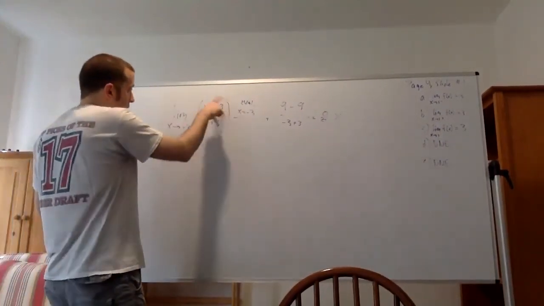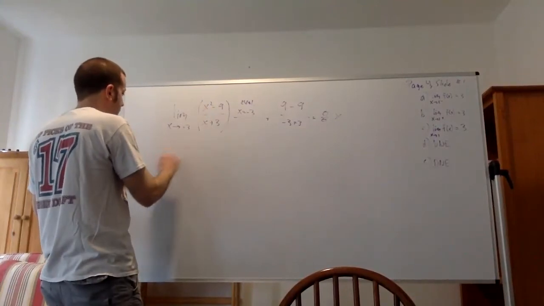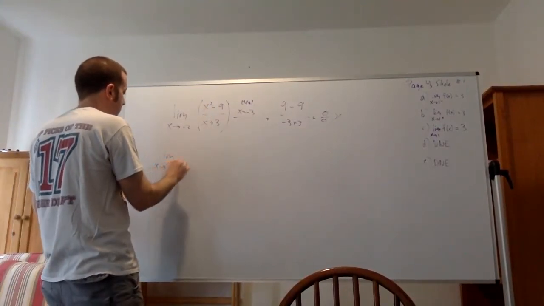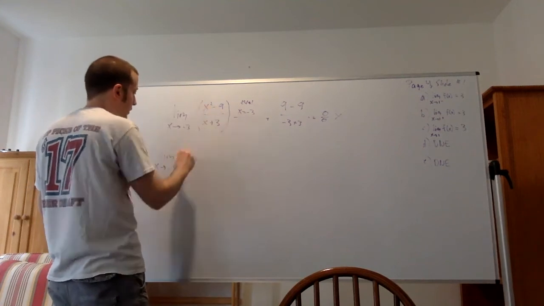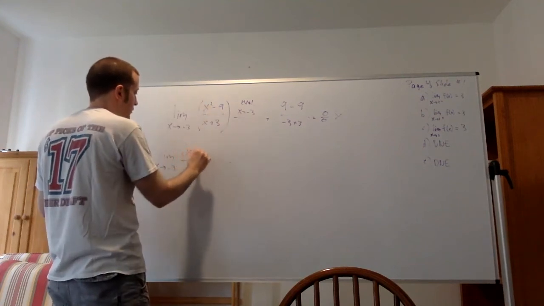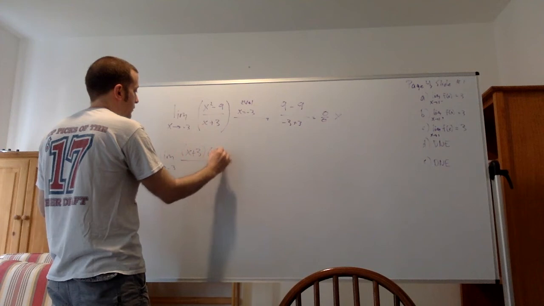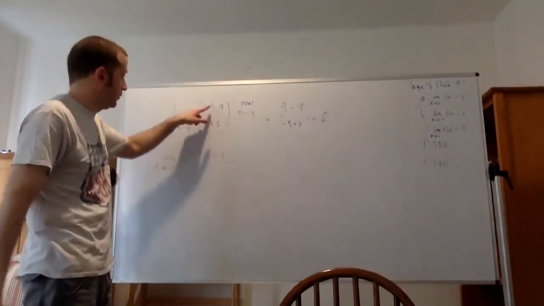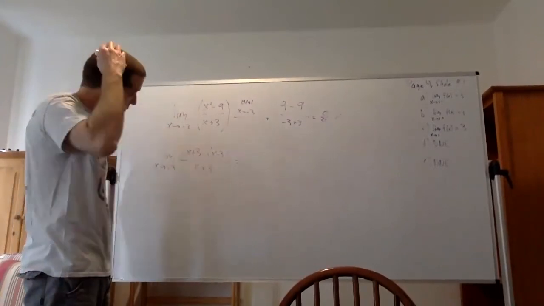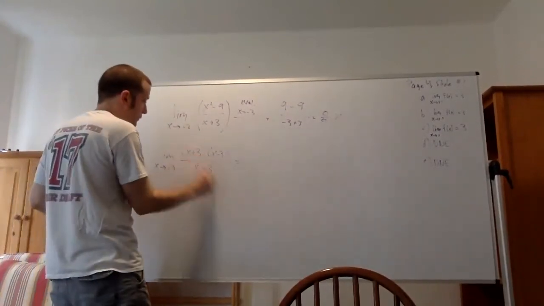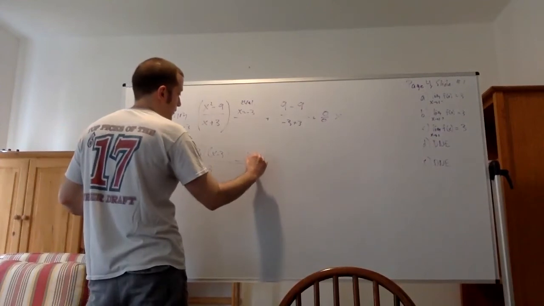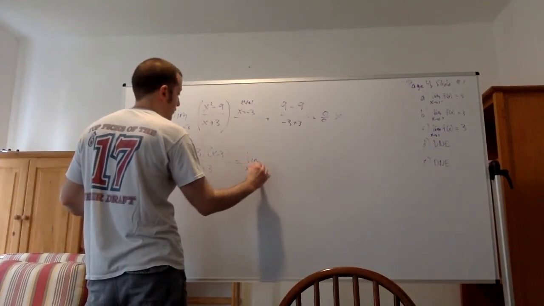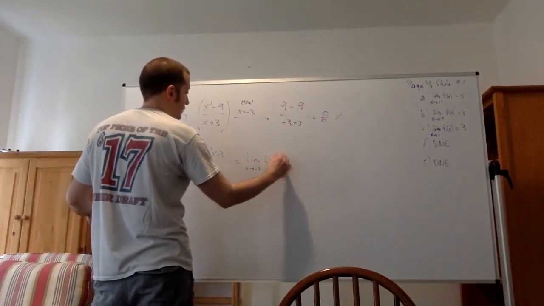So maybe you recognized that for the limit as x approaches negative 3, the x squared minus 9 is a difference of squares. x squared minus 3 squared is x plus 3 times x minus 3. Now I can cross off the x plus 3's. This is now the limit as x approaches negative 3 of x minus 3.